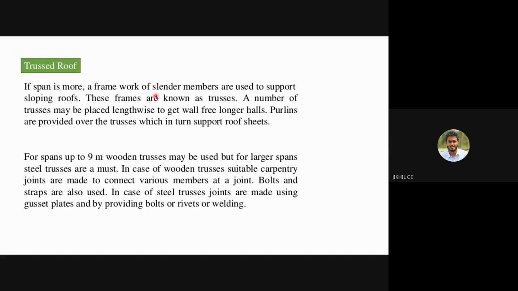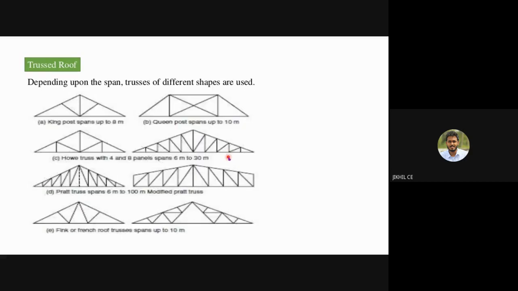And the other main one is the truss roof. If the span is more, you have to go for the truss roof. These frames are called trusses, and we can see the various types of trusses. These are well established shapes of the various trusses.